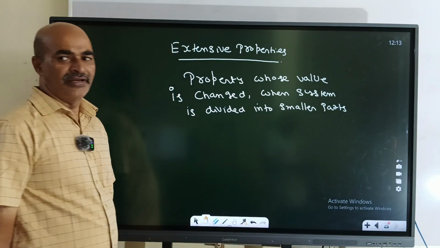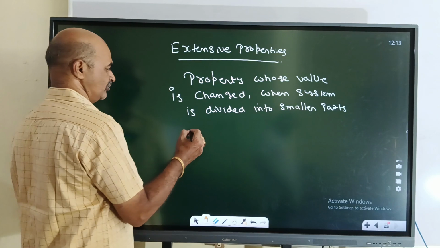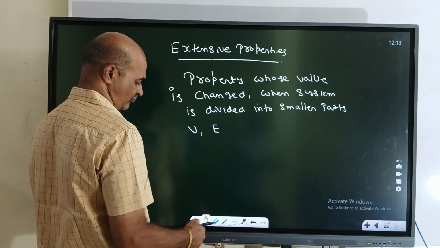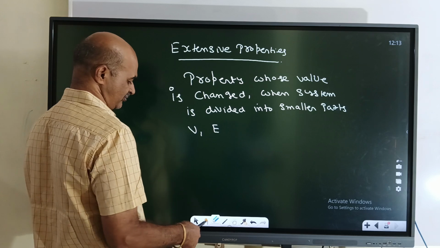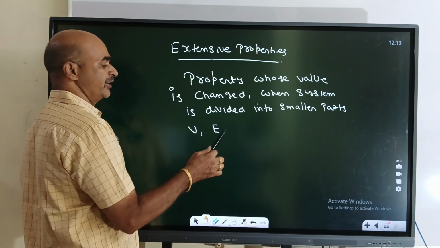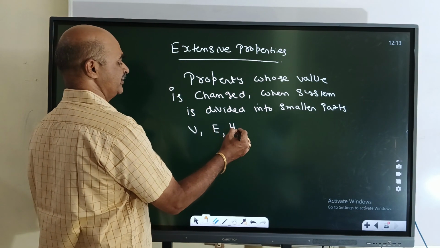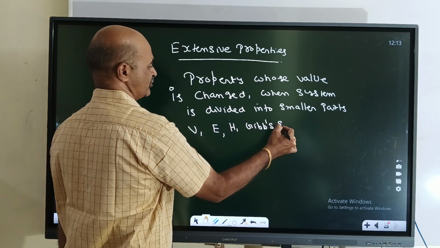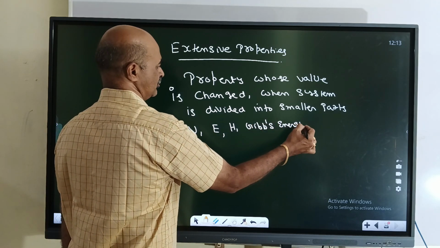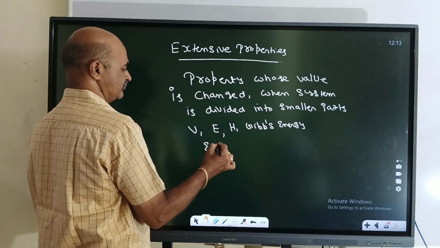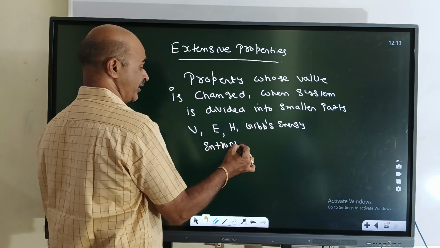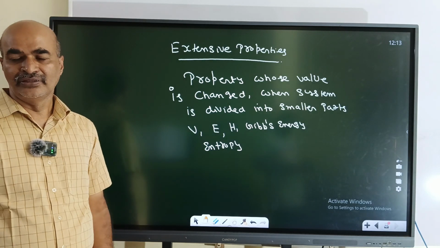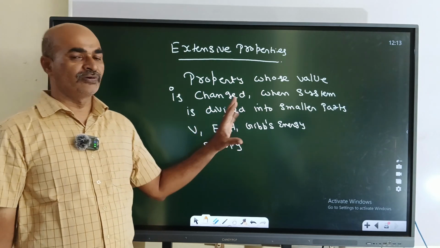Okay. Examples: volume, internal energy, enthalpy, Gibbs energy, and entropy. These are the extensive properties.